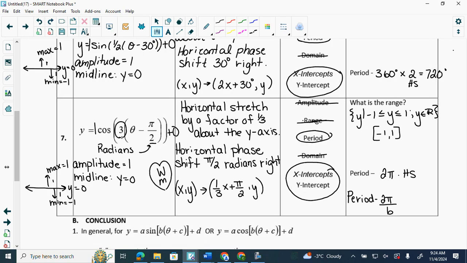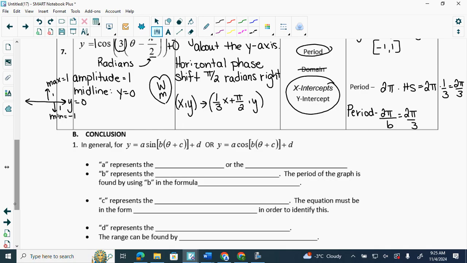So I can either go 2 pi divided by 3, which is 2 pi over 3, or I can go 2 pi times the horizontal stretch, which is 1/3, which is 2 pi over 3. I'd result in the same thing. The problem with this is that people will mix the two together, and they'll go 2 pi divided by the horizontal stretch. That makes no sense, right? The horizontal stretch should be multiplied if you're doing it. If you use the b value, you can just go 2 pi divided by 3. Up to you which way you go. Don't mix the two together, though.